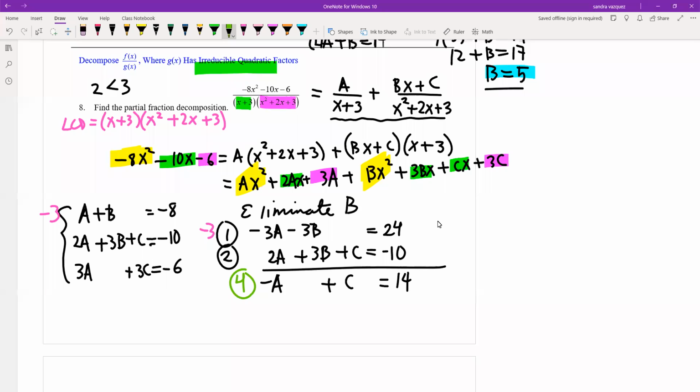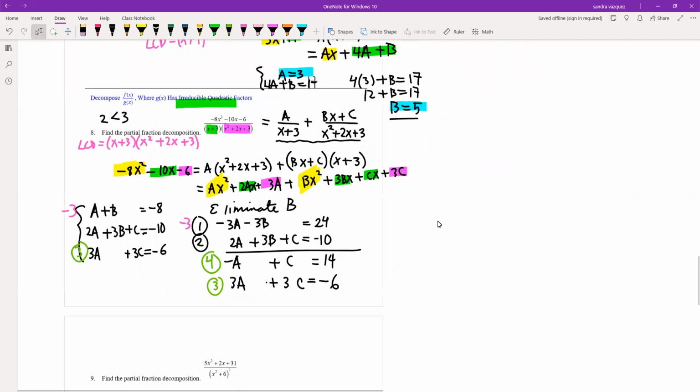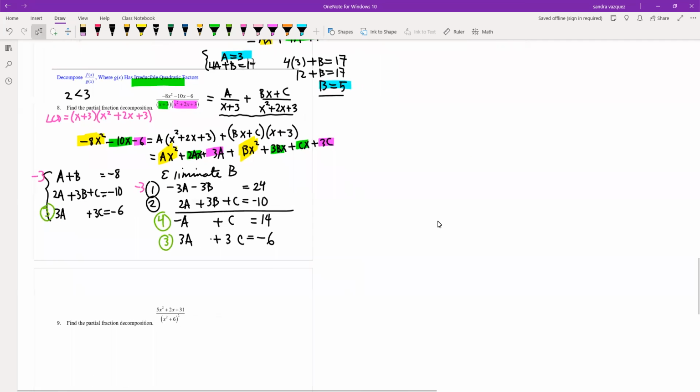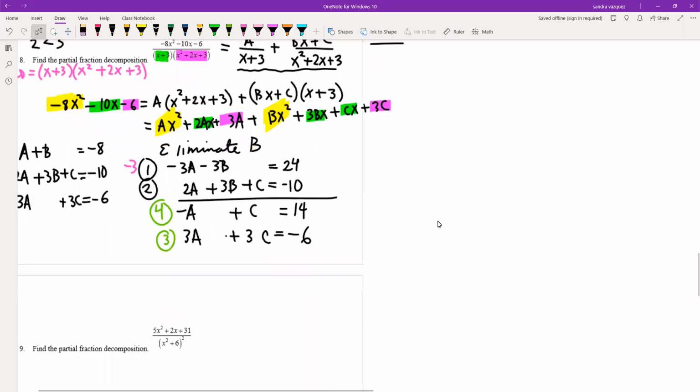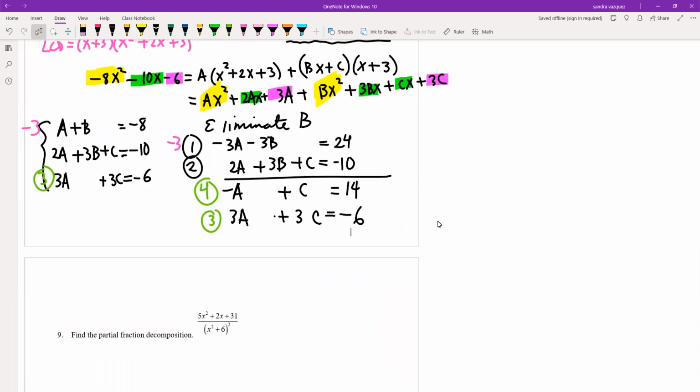I'm going to use equation 4 and equation 3. So here's my equation 3, again, 3a plus 3c, equal to negative 6. There are many ways that we can do it. For example, if I was you guys, I would divide equation 3 by 3 and do it from there. Sometimes students can see it, sometimes students cannot see it, or you can multiply and decide.